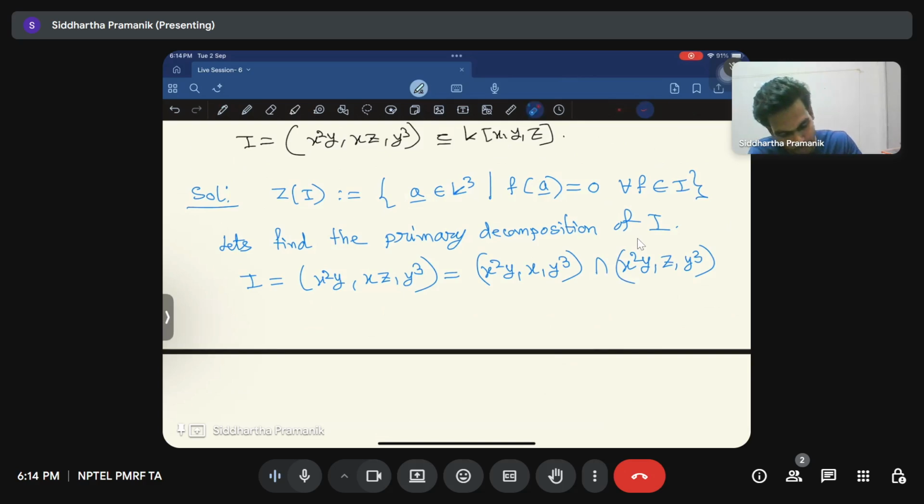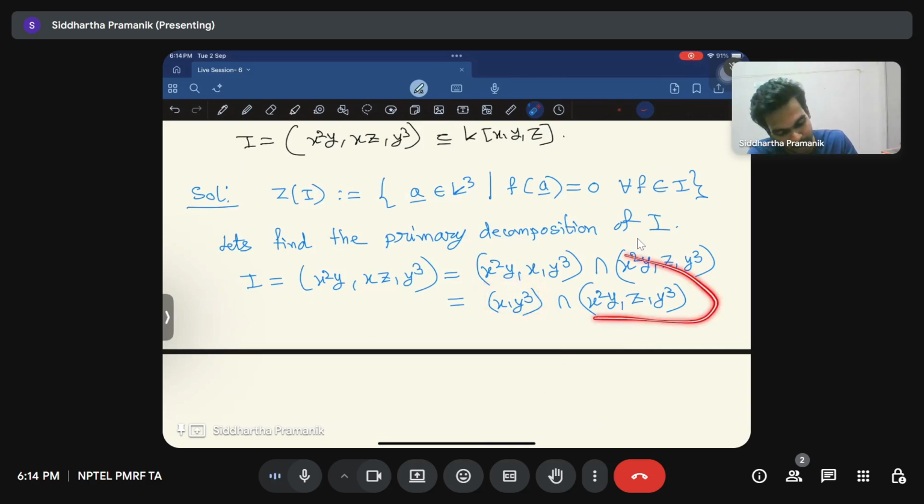Now we have x here and x squared y here, so x squared y is redundant. So this is basically (x, yz) intersection with (x squared y, z, yz). Now this is a primary ideal, so this is a primary component.